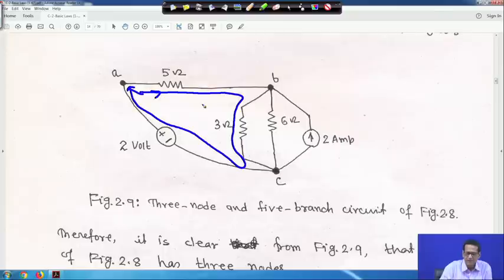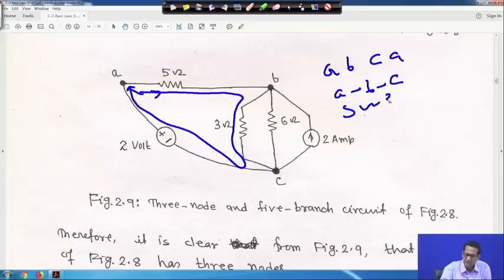This is another loop, also A B C A, but you have A to B, the 5 ohm resistor, then B to C, this 3 ohm resistance, then C to A, the 2 volt source, right.